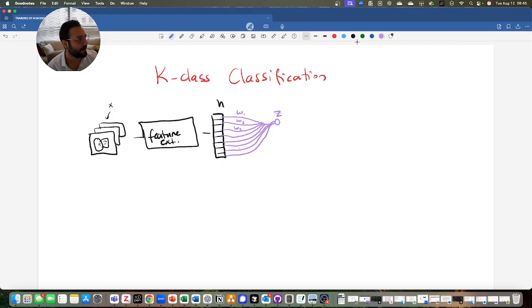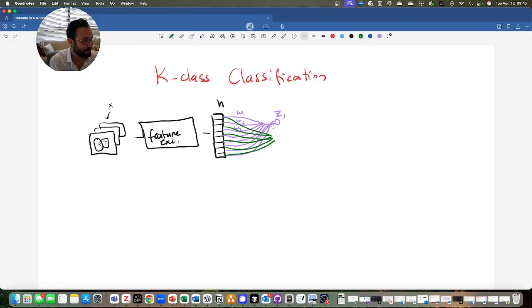But now I'm going to take another color and call this only Z1. Similarly, I'm going to regress to different Z's for different classes. Let me draw it a little bit better.